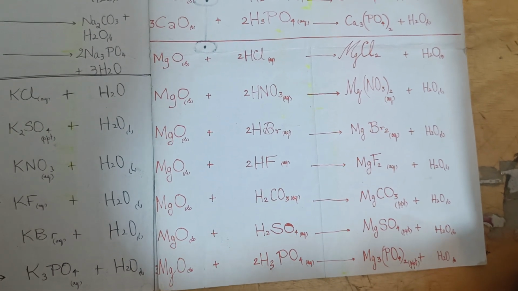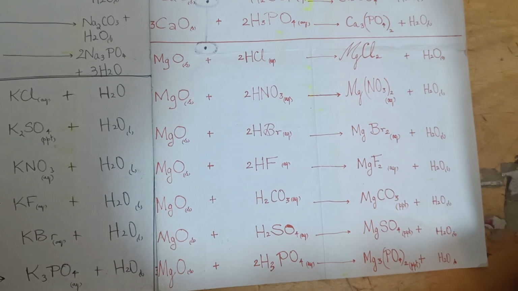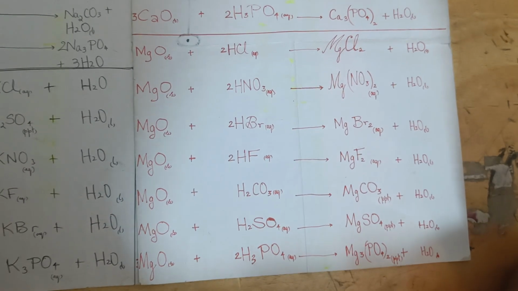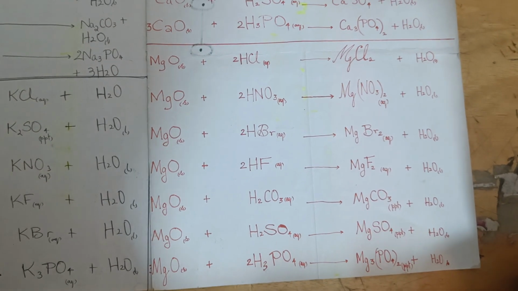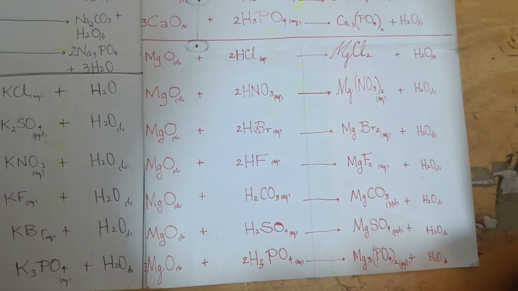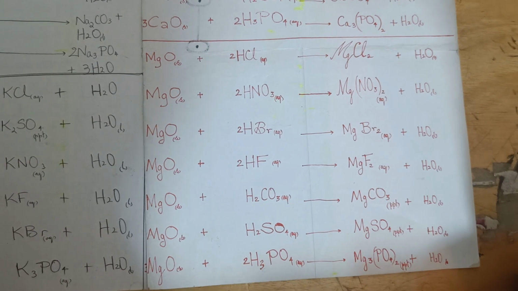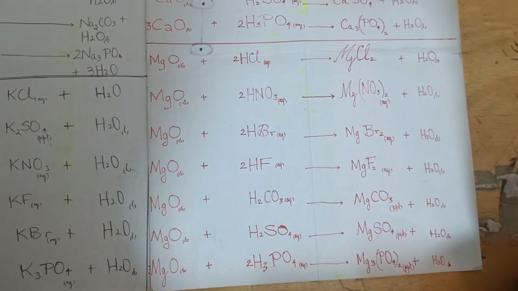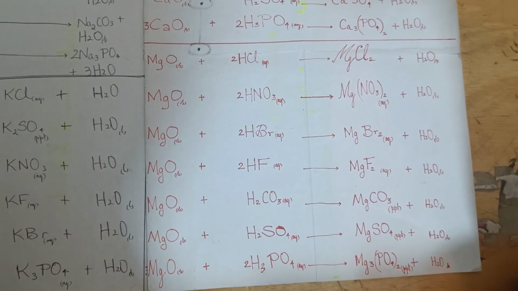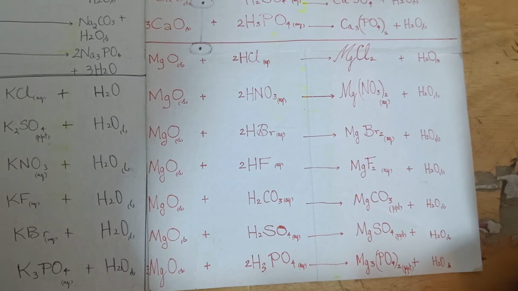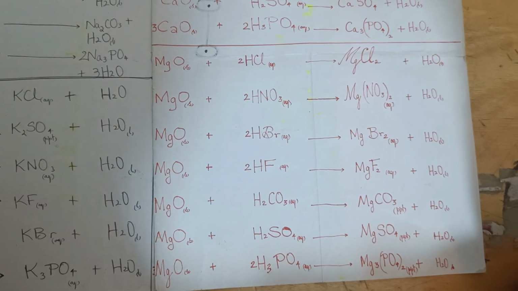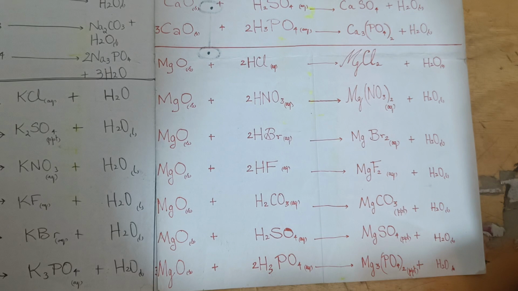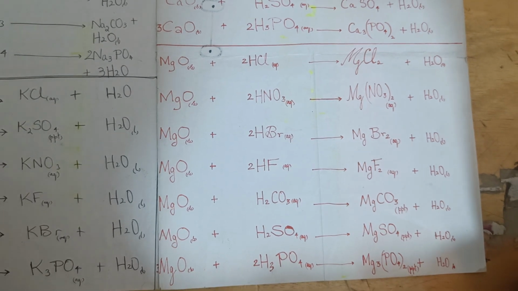Then you have hydrofluoric acid, carbonic acid, sulfuric acid, and phosphoric acid. I've balanced all the equations in every case, and it gives us magnesium chloride, magnesium nitrate, magnesium bromide, magnesium fluoride, magnesium carbonate, magnesium sulfate, magnesium phosphate. Magnesium is not a very popular plant fertilizer. It's used in lesser amounts.